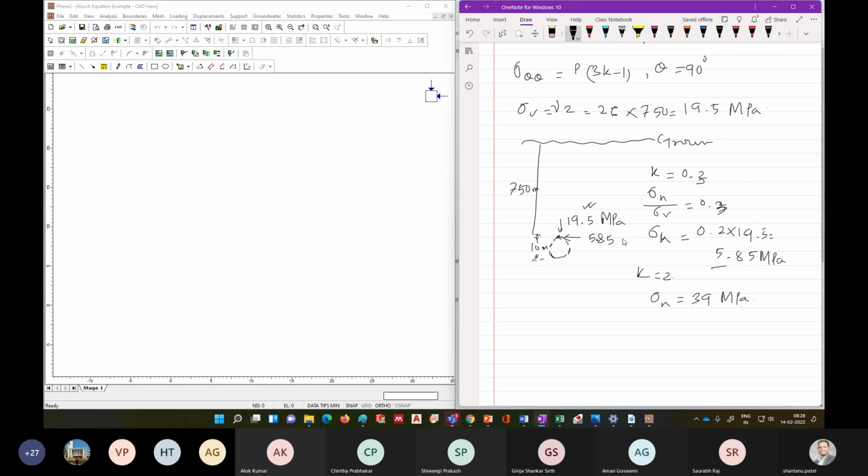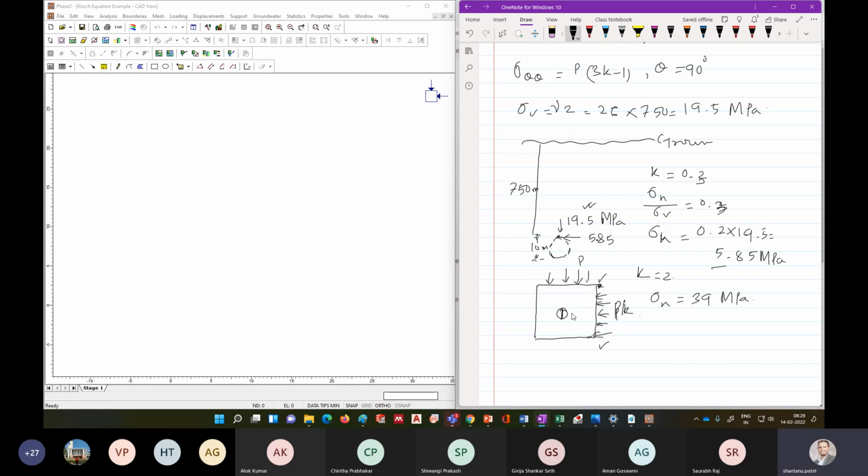When we do this FEM analysis, or even the Kirsch equation, the equation says that if a circular tunnel is excavated, and these stresses are, let's say, P and K times P, then our equation is valid. What this means is that in this direction, from this point to this point, the stresses are uniform, and that is K times P. Do you think that is possible?